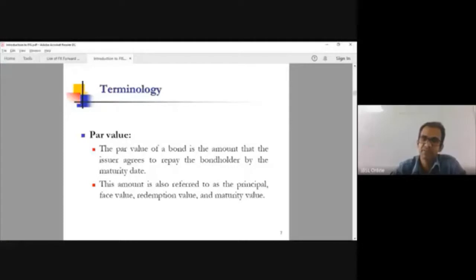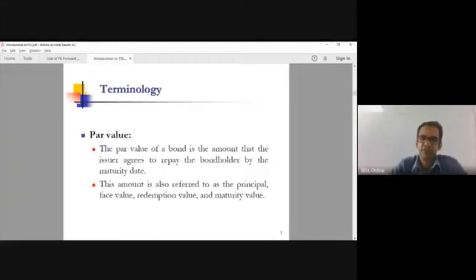But in fixed income securities, like government bonds and debentures, the amount the party borrows may not be the same as the amount the borrower agrees to pay at the end. There may be a difference. That depends on the market conditions and the investors' appetite for that product.